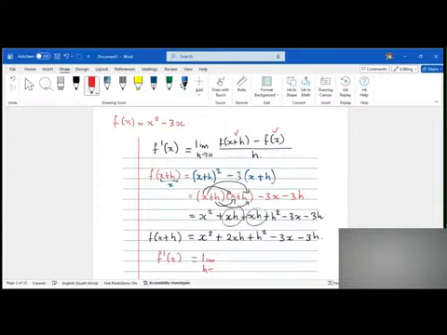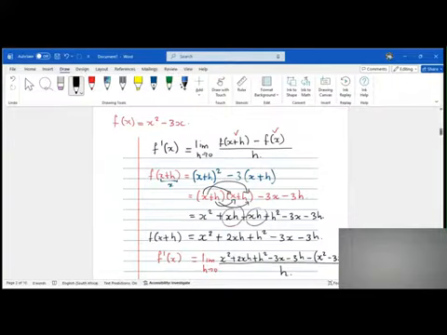I'm just going to have x squared plus 2xh plus h squared, minus 3x, minus 3h, then minus f of x. f of x, remember, is x squared minus 3x like that. Then this whole thing is over h.